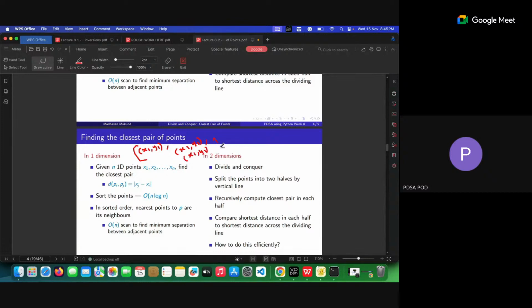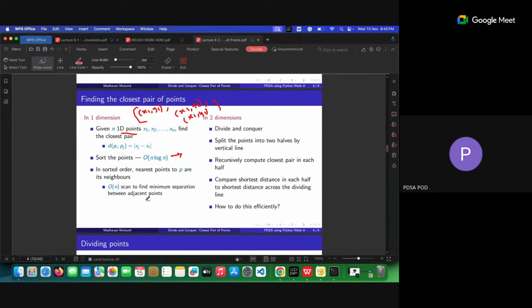All these are arranged in a single dimension. That's called 1-dimensional points. Each x1, x2 is 1 point, all arranged side by side. We sort them using the coordinates. Whenever the points are sorted, finding the nearest is very simple.